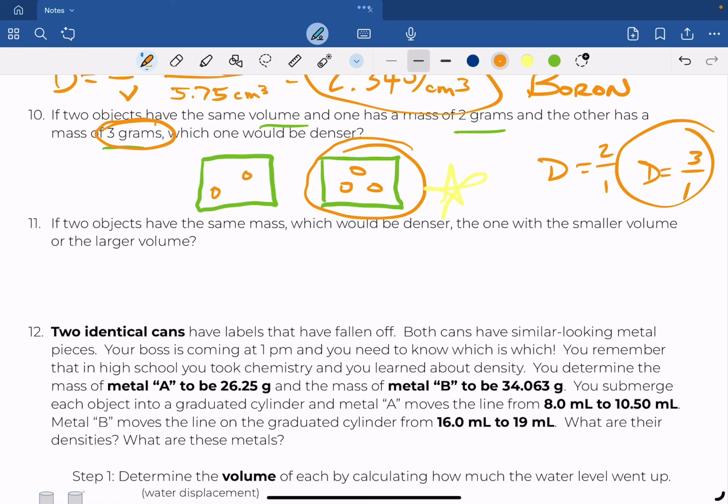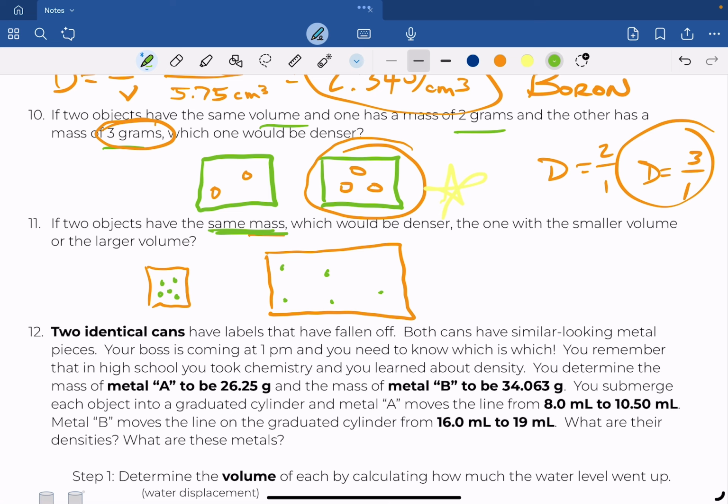And then for number 11, it says they have the same mass, but one has a small volume and one has a large volume. So this time I don't have to draw my boxes the same, because one is supposed to have a small volume and one a large volume. The volumes are different, but what stays the same? The mass. So let's say there are 5 atoms in that box: 1, 2, 3, 4, 5.